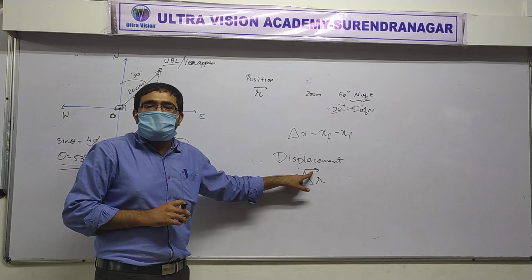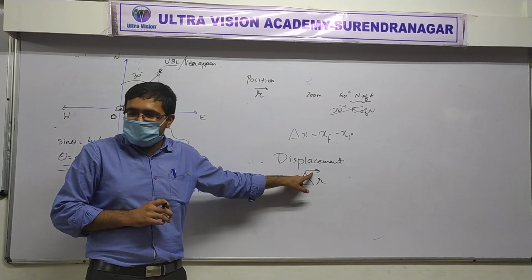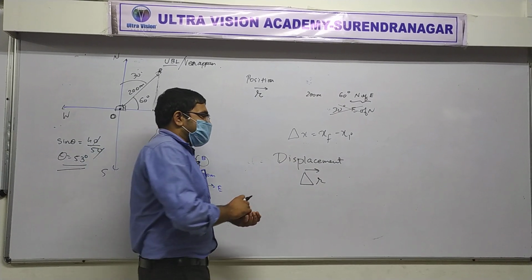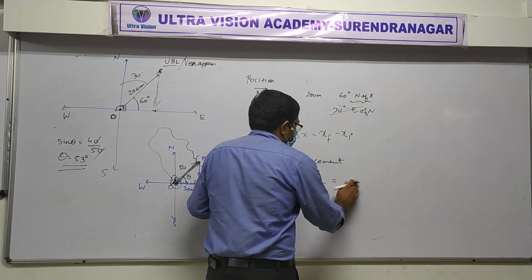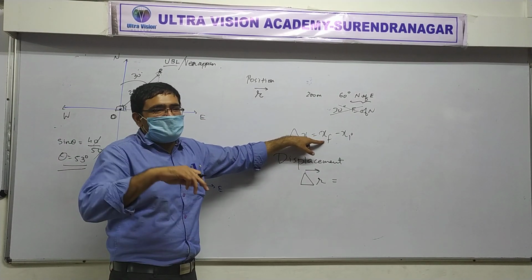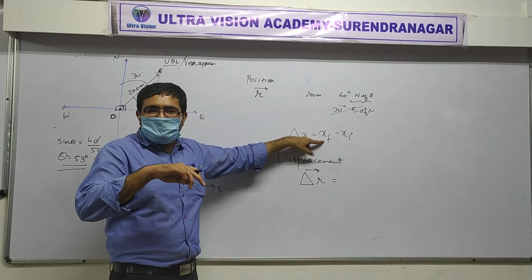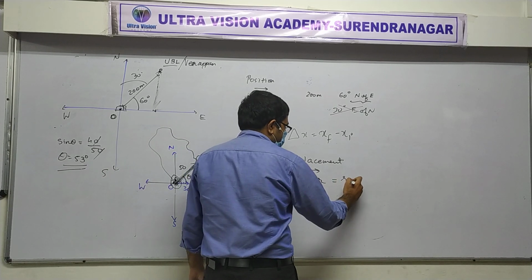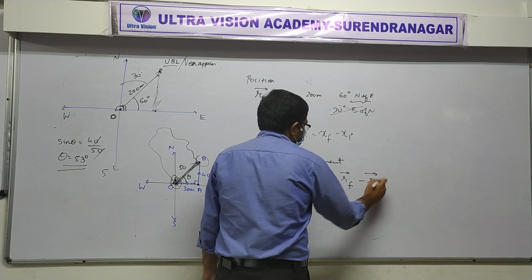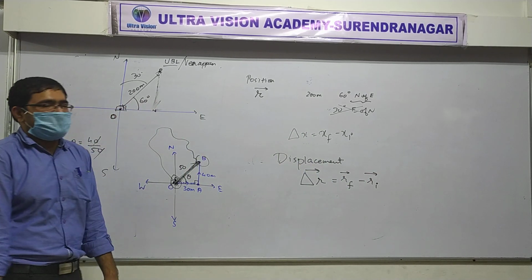Is that clear? Without the vector sign, the meaning will change completely. Got it? Delta r vector is equal to, what should I tell? Final position. In chapter 3 we are using x. Now r f vector, because position is a vector. R f vector minus r i vector.